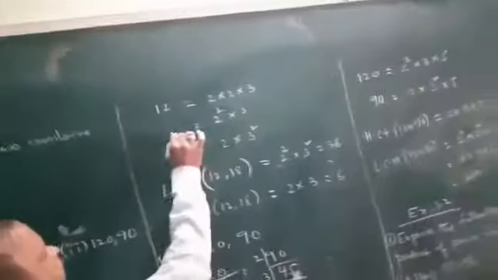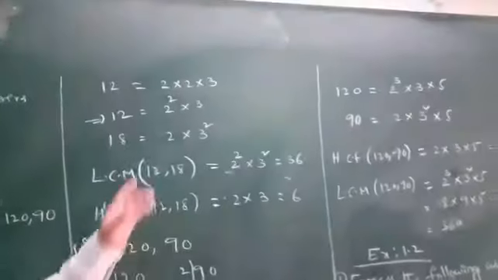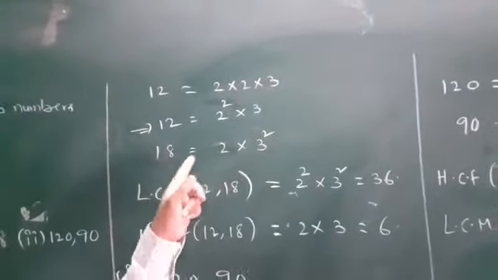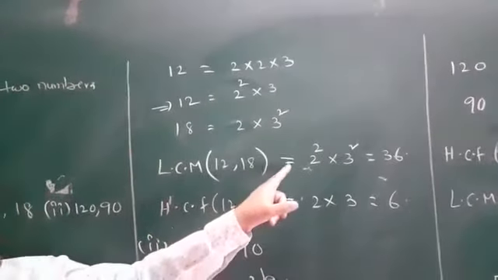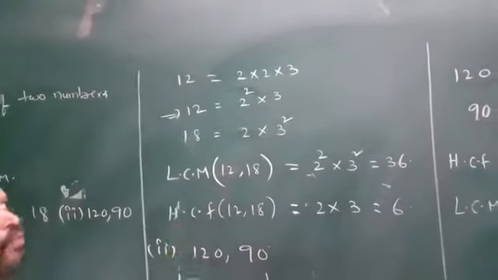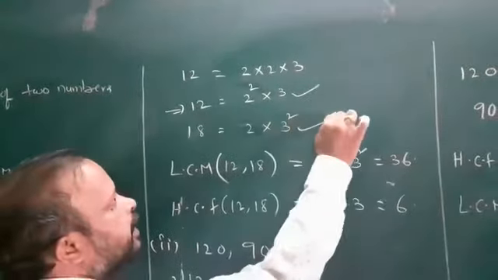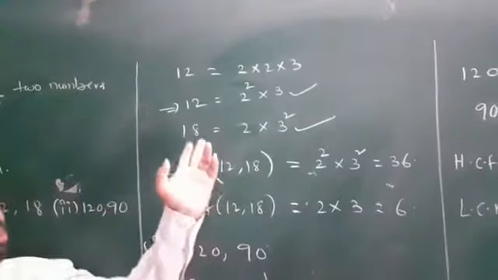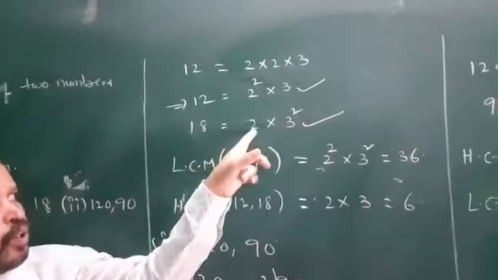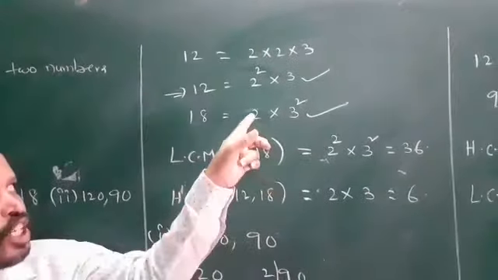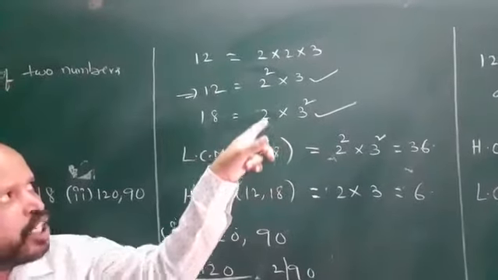12 is equal to 2 square into 3. 18 is equal to 2 into 3 square. So LCM of 12, 18 is equal to, observing these two numbers, these are the prime factors. Here 2 square, here 2. For LCM, you have to take the highest power of the two integers. In these two, what is the highest power? 2 square.